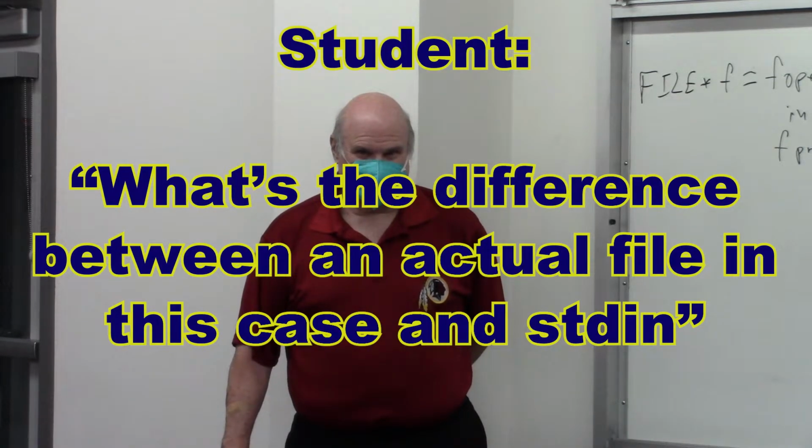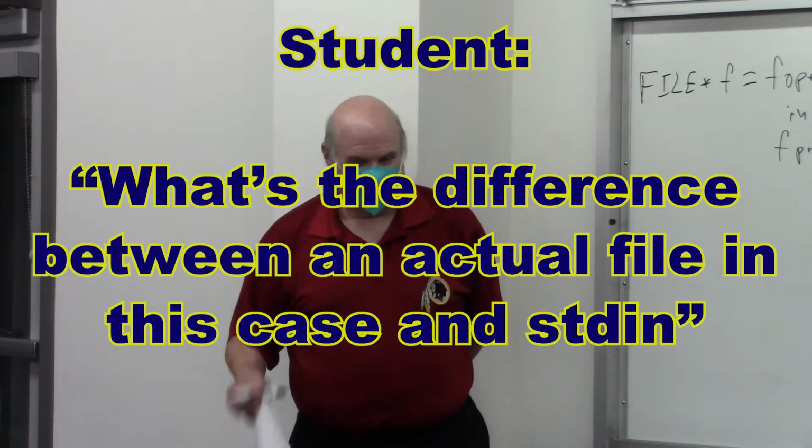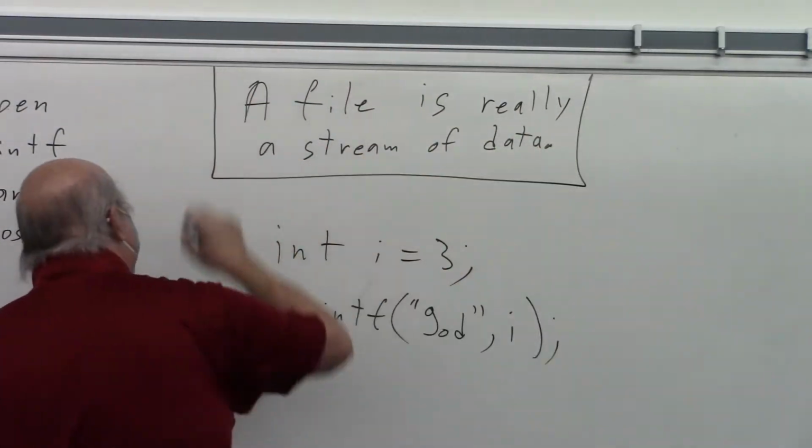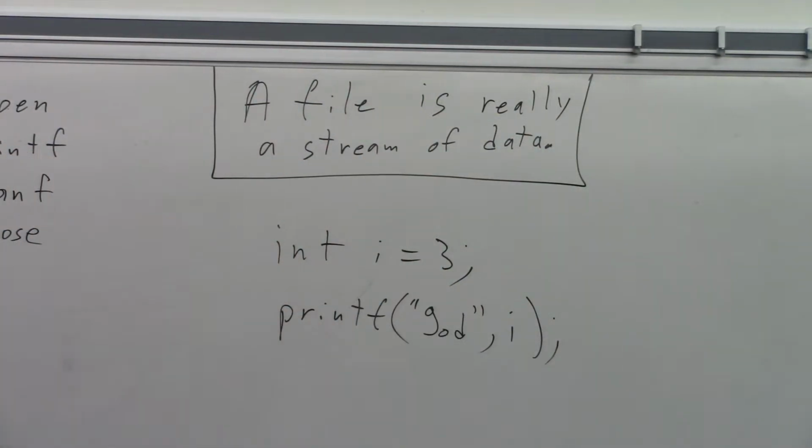Isn't the concept of a file a bit different than something that has active input or output, like a keyboard? So, what's the difference between an actual file, in this case, and standard in? I'm glad you asked that. A file is really a stream of data. Now that definition doesn't say where the stream is coming from.